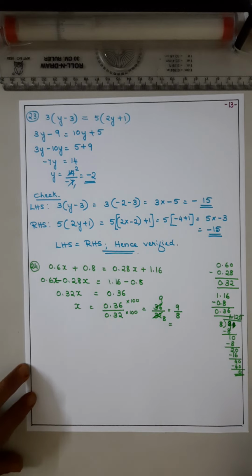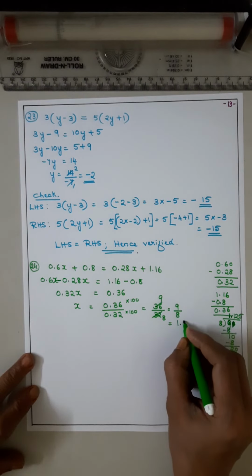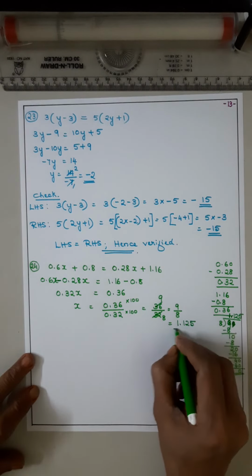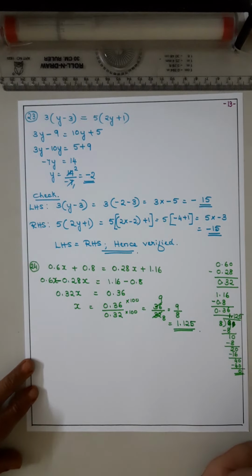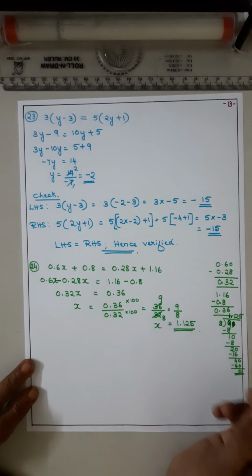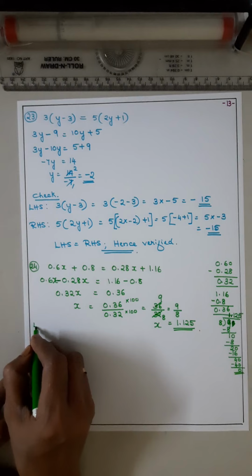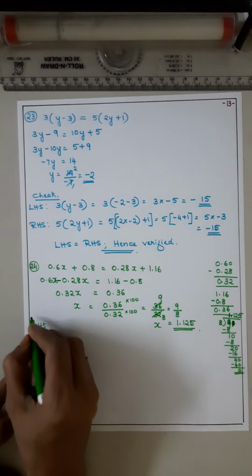This rough work you have to do yourself. 9 divided by 8, it will be 1.125. So the answer is x is equal to 1.125. Okay, now coming to the check.